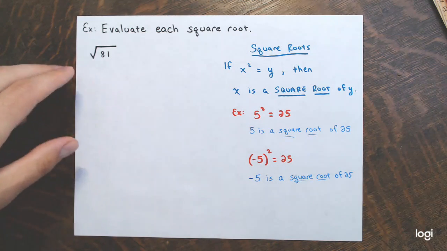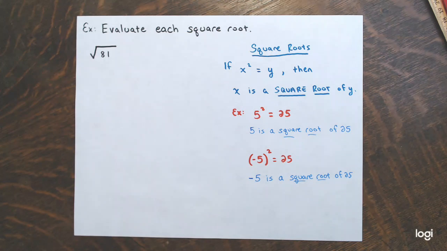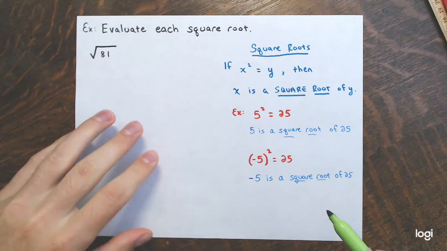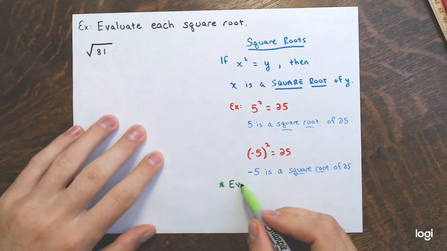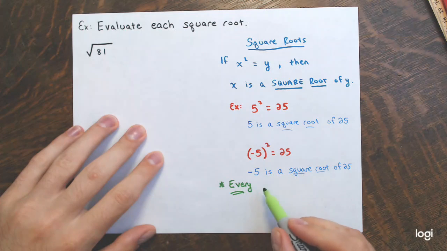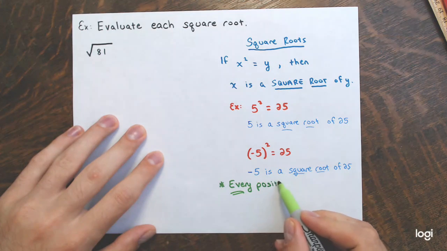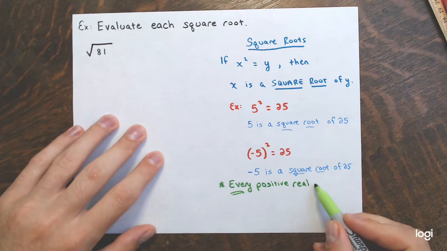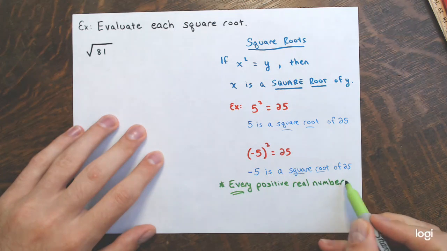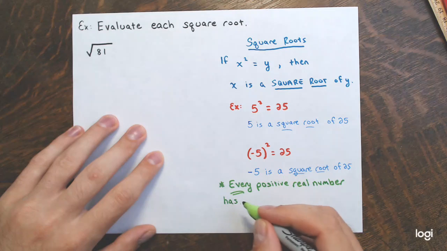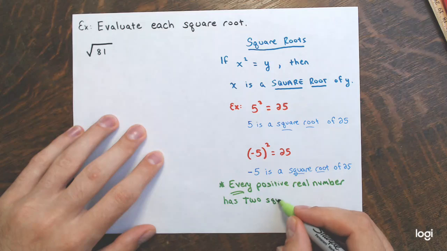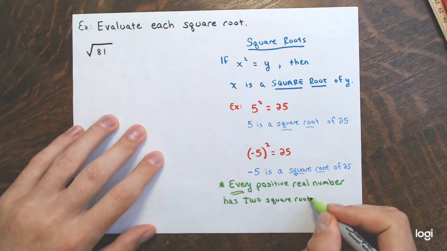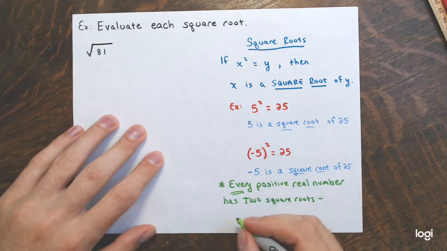Every positive real number has two square roots, one positive and one negative.